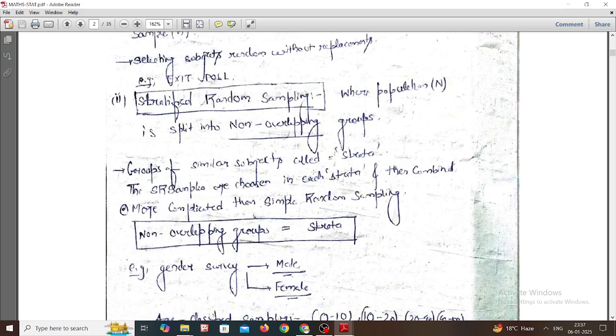In the first case, simple random sampling, we just took various samples. Here, in this case, we are categorically trying to create what we call strata, and then picking groups of similar subjects. It is more complicated than simple random sampling, with non-overlapping groups.